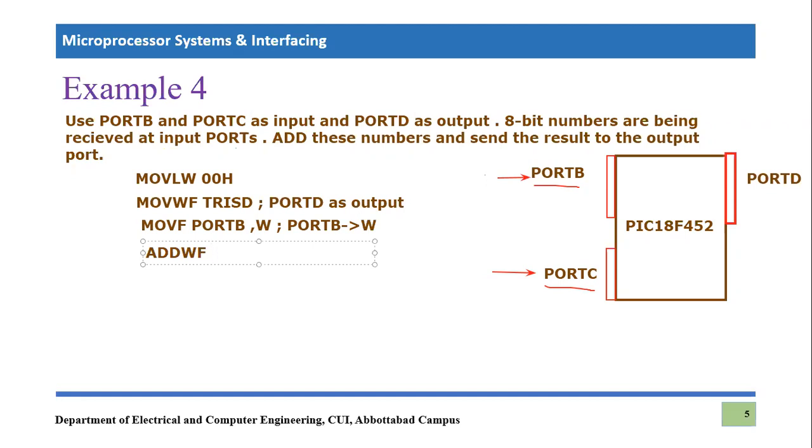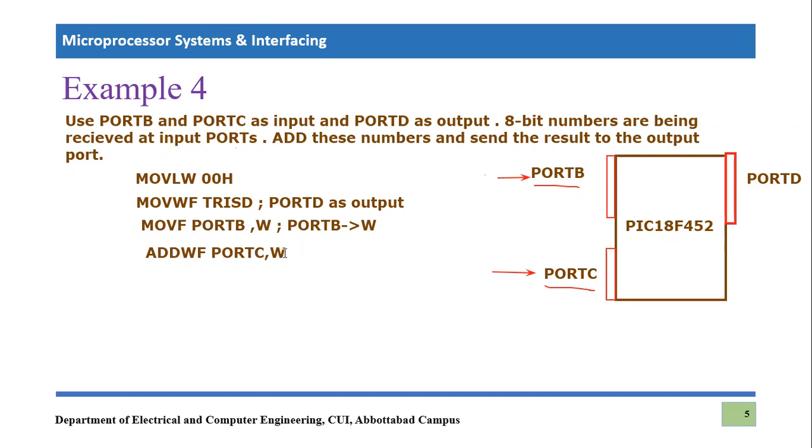Whatever information came from port B is present in the working register, and the file we are adding is port C. It will be added, and the result will be sent to the working register. So both port B and port C are added, and the result is present in the working register.